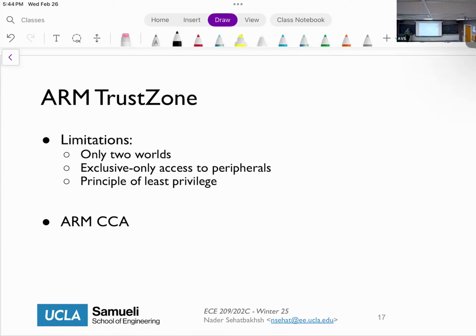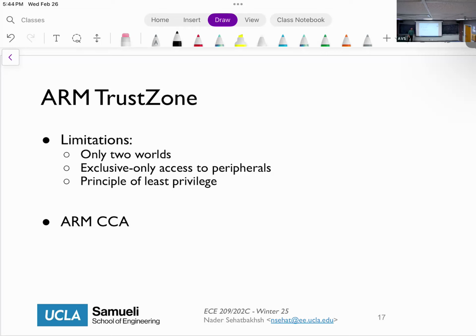So what are the limitations? As I said, it has only two worlds, which means that if one of the trusted apps is compromised, then everything becomes compromised. Another thing is that access to the peripherals is very iffy. It's usually hard, and also usually exclusive, which means that either the normal world or the secure world can access. For example, if your camera is connected to the normal world, that means the secure world cannot really access it.